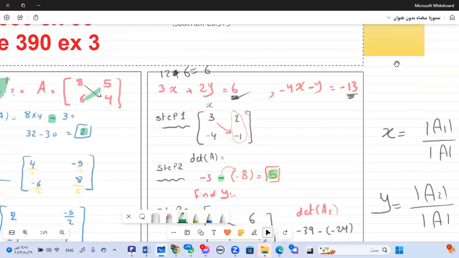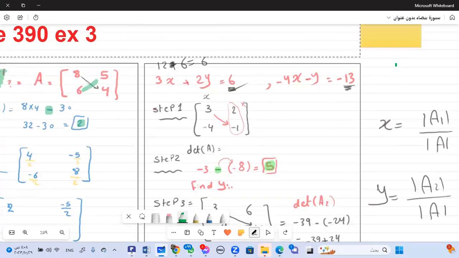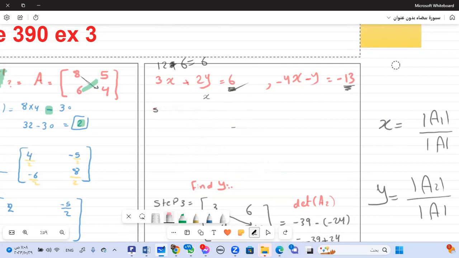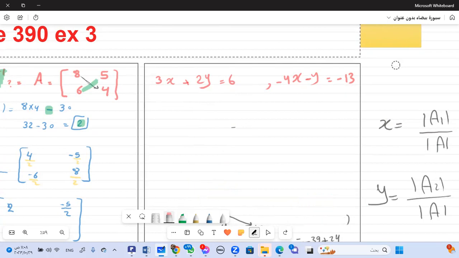If we have two equations as a system, I want to use Cramer's rule.